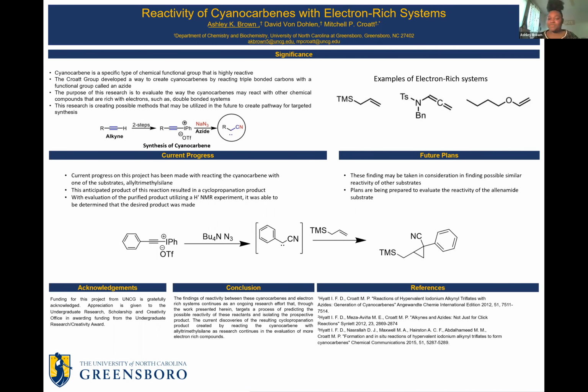The work presented here targets the process of predicting the possible reactivity of these reactants and isolating the prospective product created by reacting the cyanocarbene with the allyl trimethylsilane, and will be considered as research continues in the evaluation of more electron-rich compounds.